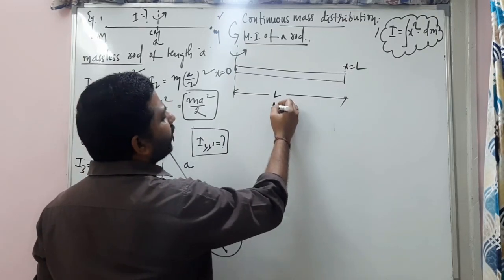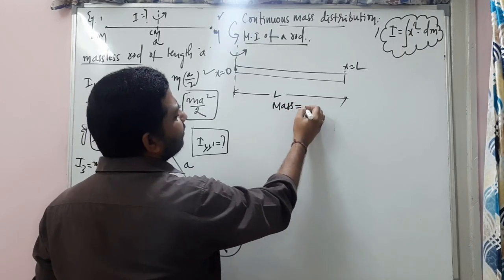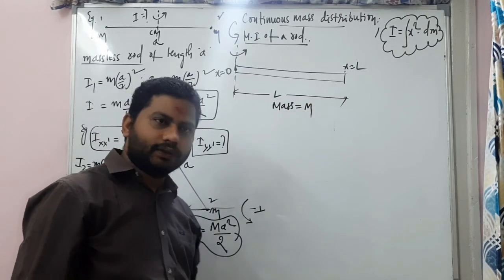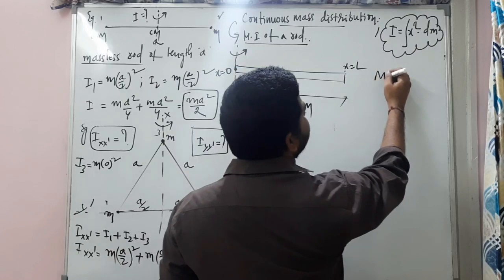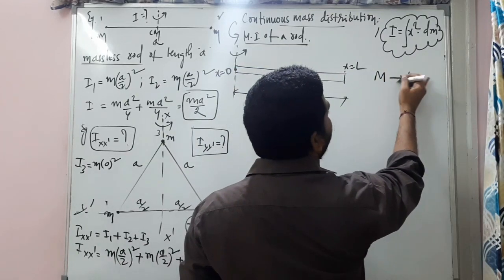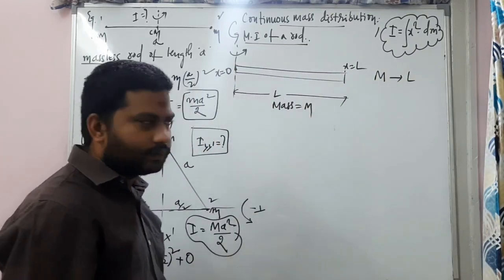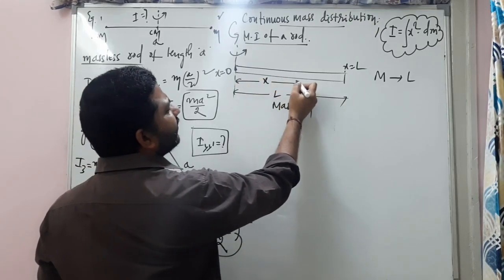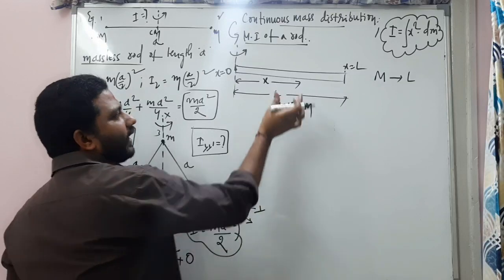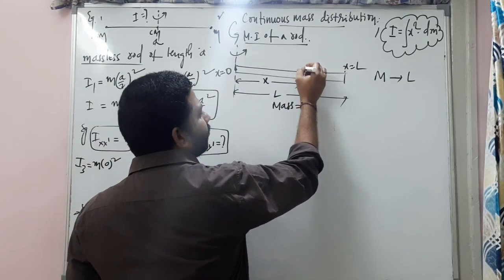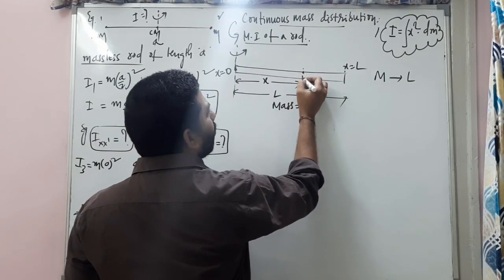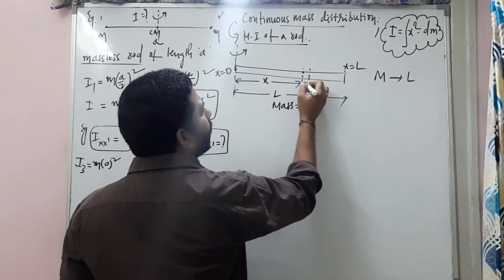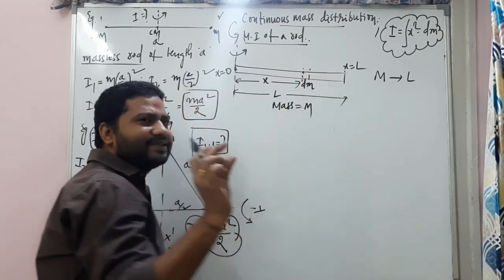Total mass of the rod is m. When the total mass is m, the length is L. At a distance x from the axis of rotation, at some arbitrary point x, a small mass element dm is considered.